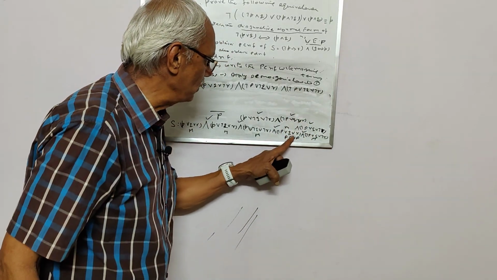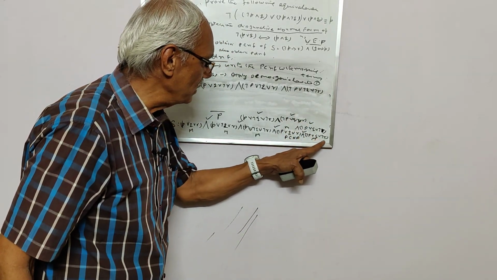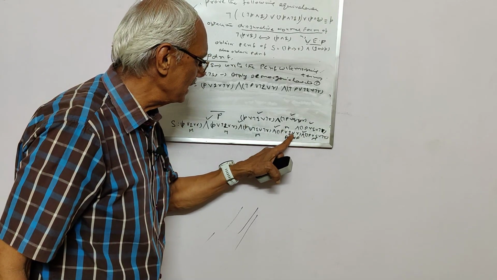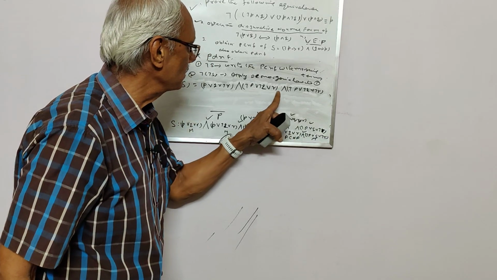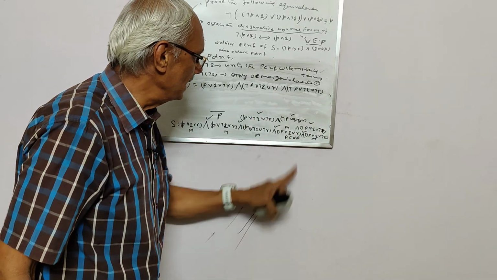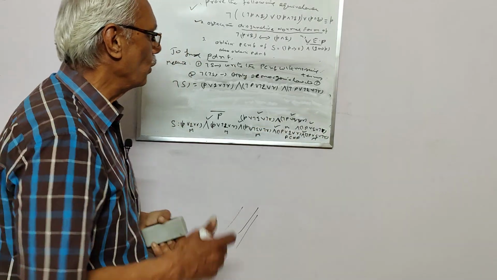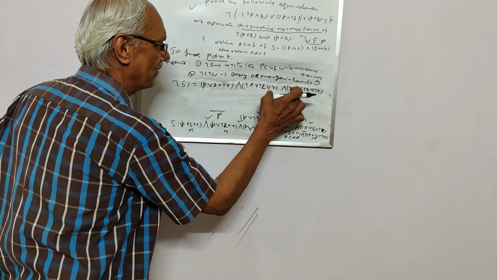Negation P, Q, R has come, negation P, Q, negation R has come. So you must write negation P, negation Q, R here. Then negation P, negation Q and negation R I have written here.